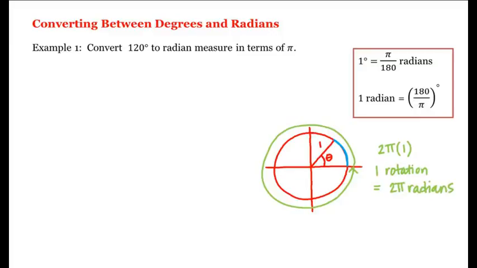And what is the degree measure of one full rotation? Isn't that 360 degrees? So regardless of what measure we use to measure one full rotation, the measure has to be the same.